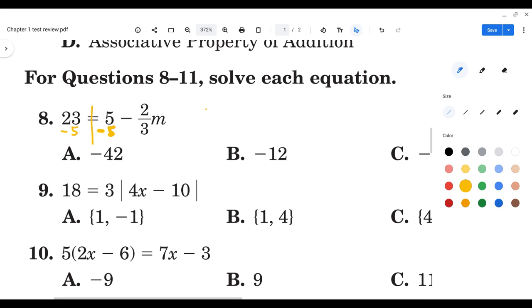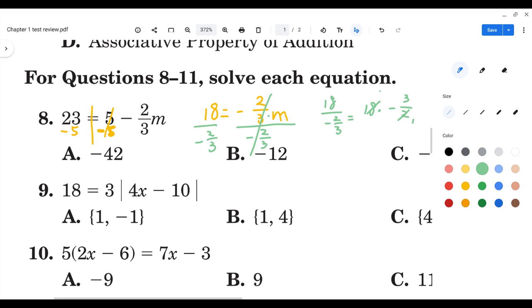Then you get 18 equals, this cancels, negative 2/3 m. Then you have to get rid of the negative 2/3. This is multiplied, that means you have to divide by negative 2/3. So 18 divided by negative 2/3 is equal to 18 times the negative reciprocal, 3/2. 1 and 9, so you get negative 27.